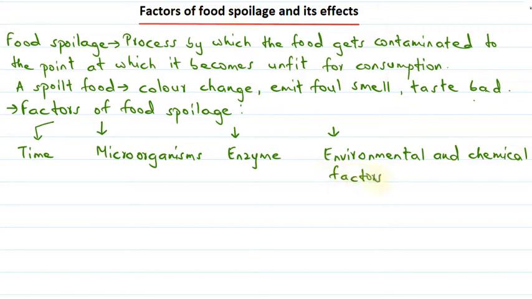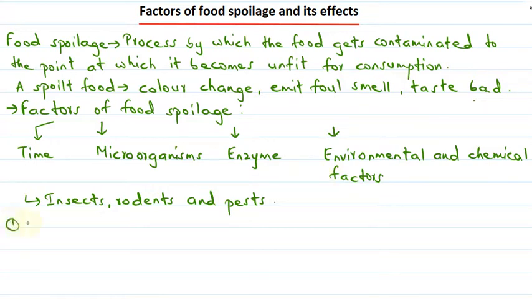They also cause spoilage of food. Spoilage can also be caused by insects, rodents and pests. So here I have enlisted 5 factors that cause food spoilage.